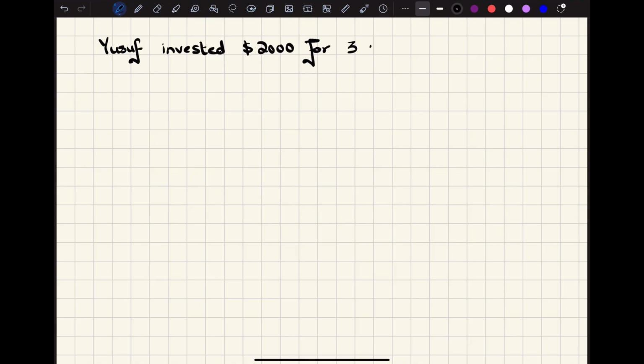Okay, let's do another example to make sure that simple interest is clear. So for example, Yusuf invested $2,000 for 3 years and received $2,180 at the end.